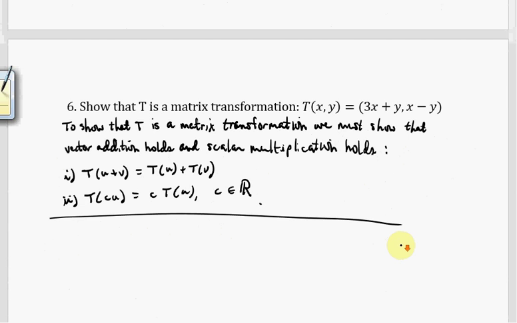So let's pick the two vectors for U and V. Let U equal x sub 1, y sub 1, and V equal x sub 2, y sub 2.